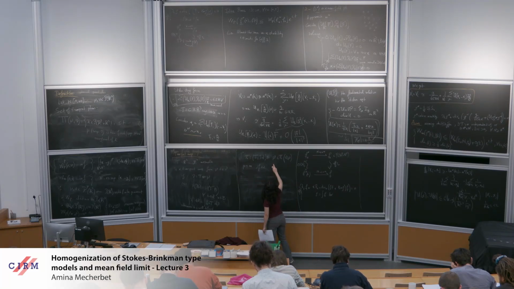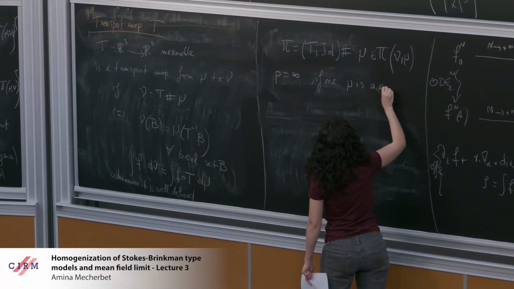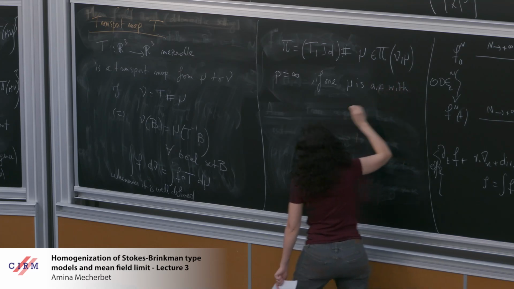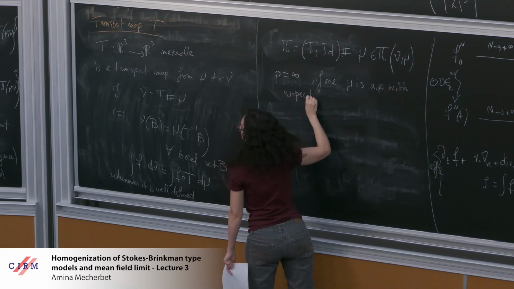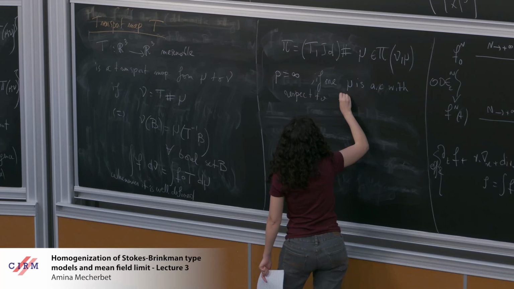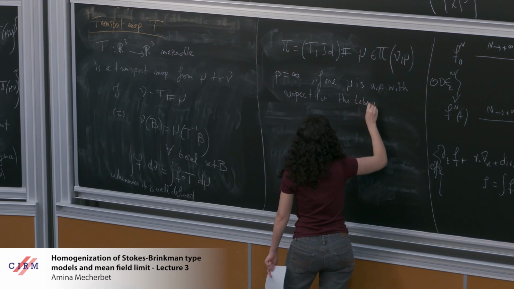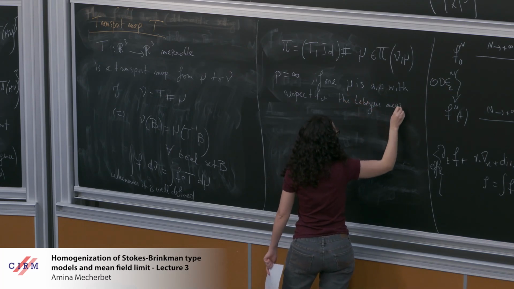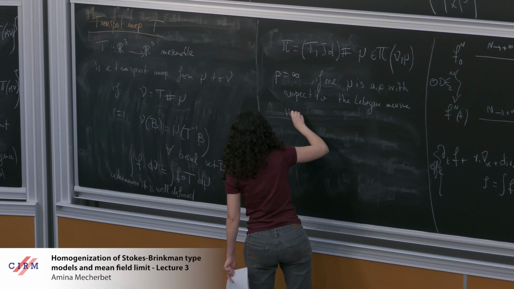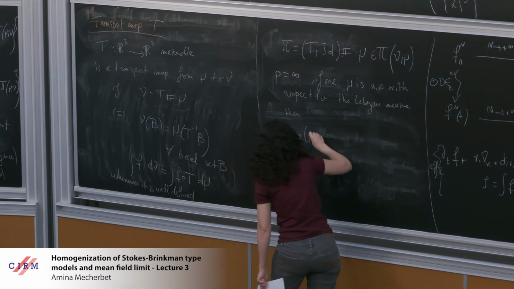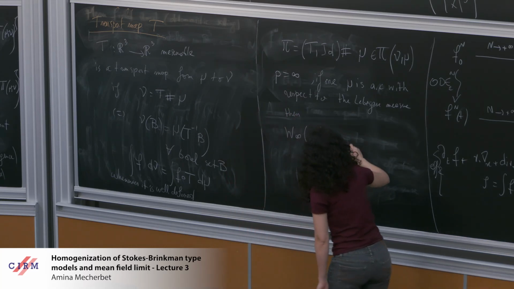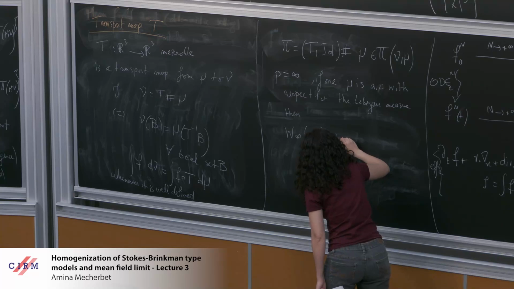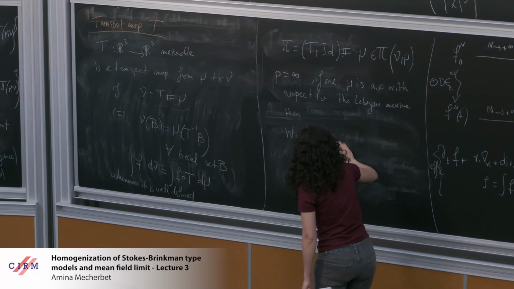Let's say mu is absolutely continuous with respect to the Lebesgue measure, then the infinite Wasserstein distance, the infimum, is reached.